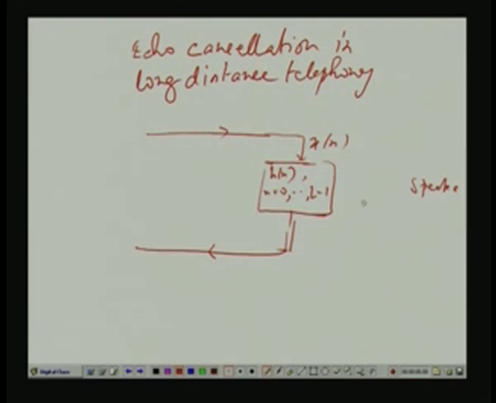Okay. What comes out here is echo plus this person's speech. If this person is speaking, what comes out here is x n convolved with this sequence, that is the echo, plus this person's speech.